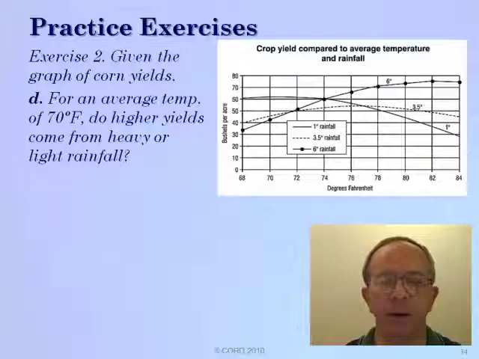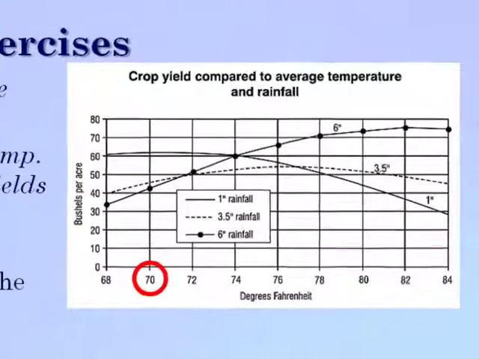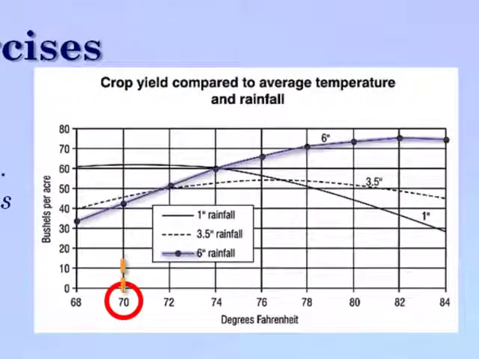Now, for an average temperature of 70 degrees, do higher yields come from heavy rainfall or light rainfall? So we're going to go up from 70 on the horizontal axis and see which curve we encounter first. Well, the first curve is for a 6 inch rainfall, kind of a heavy rainfall based on the comparisons here, and that yields about 42 bushels per acre.